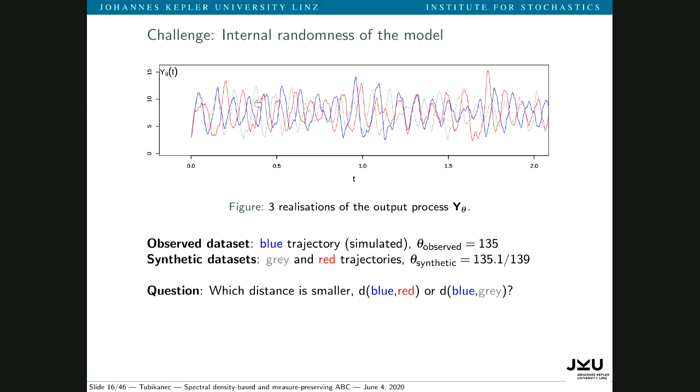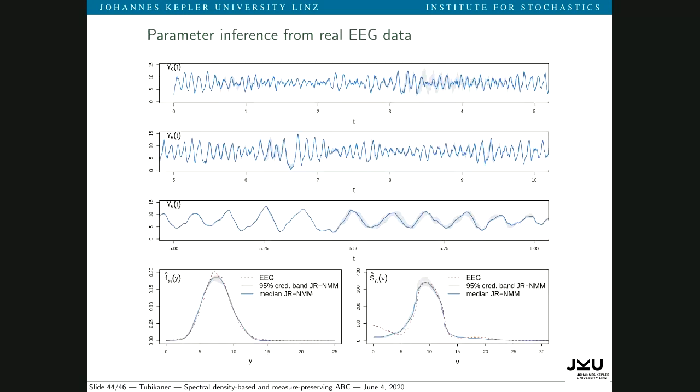So what I don't quite get is that if you just change theta observed from 135 to 135.1, you get the gray ones instead of the blue trajectory. But at the very end, we get this kind of graphs, where I guess the posterior is a bit broader and has more variability than just the 0.1 change. So I don't quite understand how these two things go together.